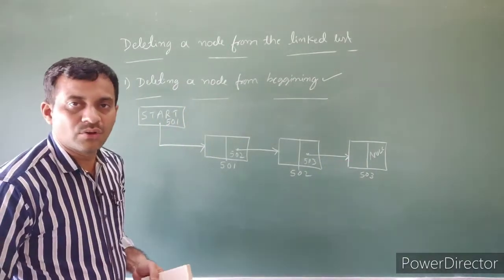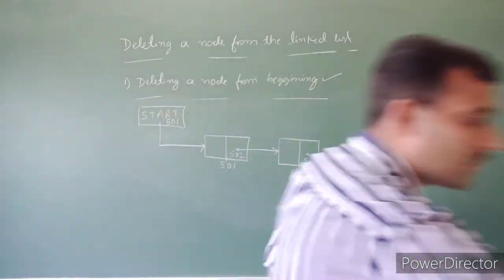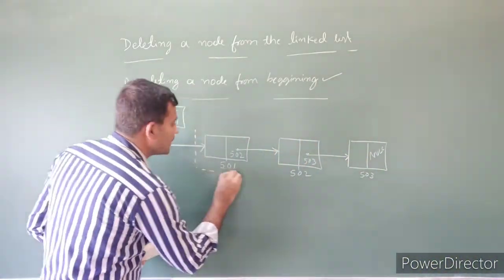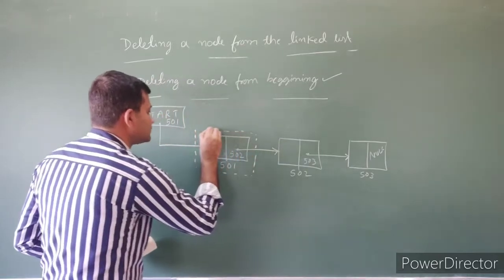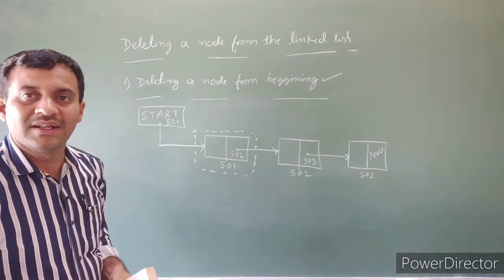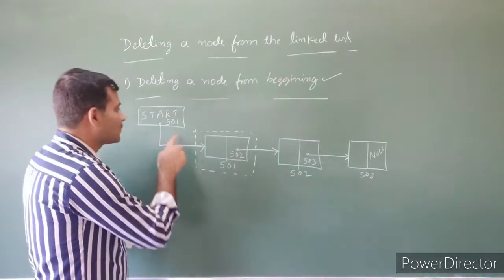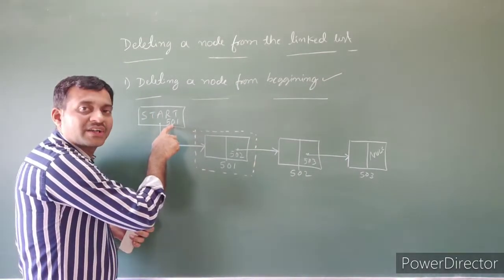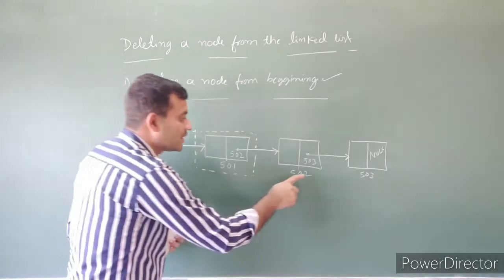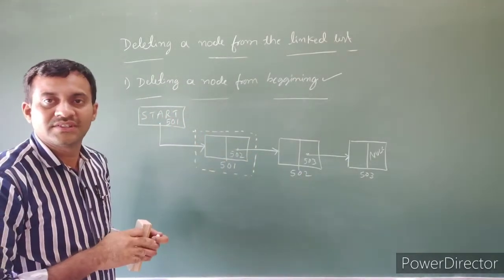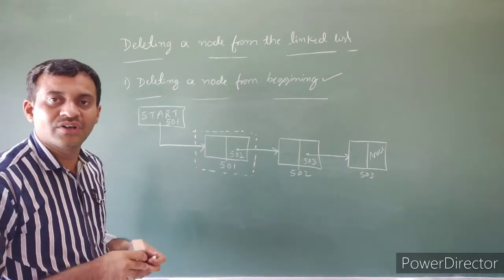Here deleting a node means we have to delete this node from the linked list. Instead of storing the address of the first node in the pointer start, we have to store the address of the second node in start. See, what is the meaning of deleting a node?